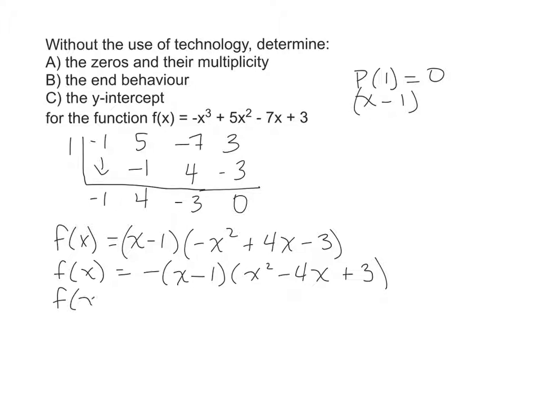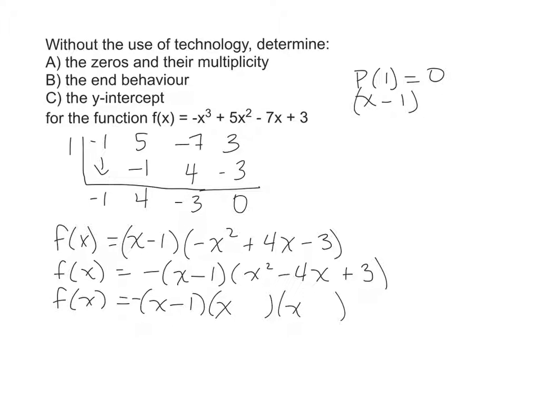So it makes it a little easier to work with. And then I want to factor that, negative x minus 1. You could do the same thing, like you're saying, and find the potential zeros and do synthetic division again. But I think this one, it's easier just to factor because it's a quadratic by making two binomials. I think it'll save time. All we need to do is find two numbers that multiply to 3 and add to negative 4.